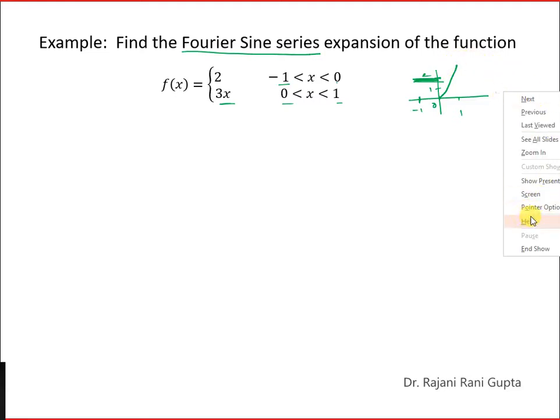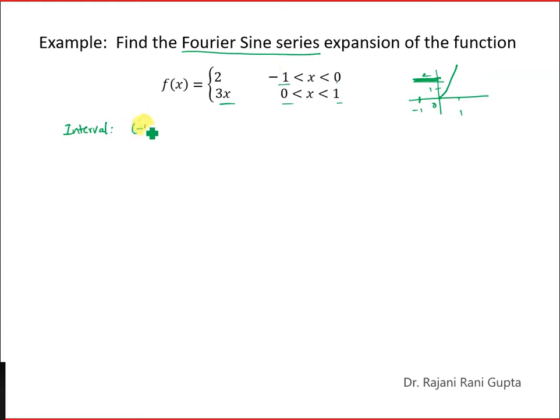Now what we have is two values of the function. So first of all, we need the interval over which the function is defined. We can see that the starting point is -1 and the end point is 1.